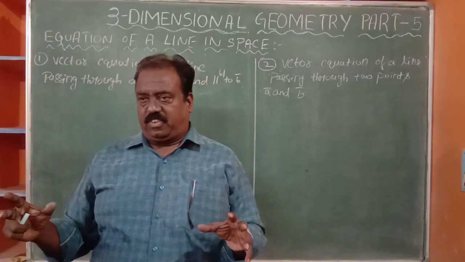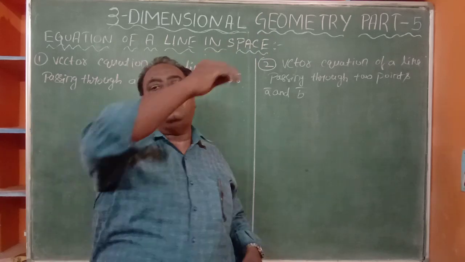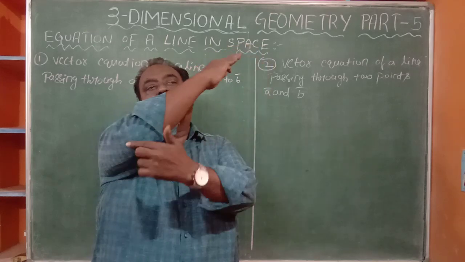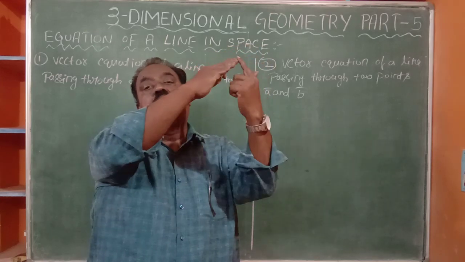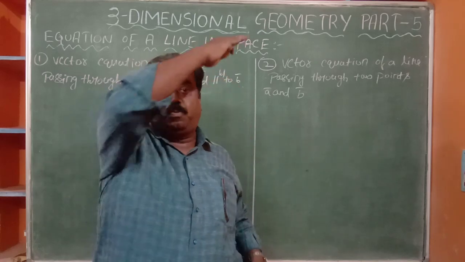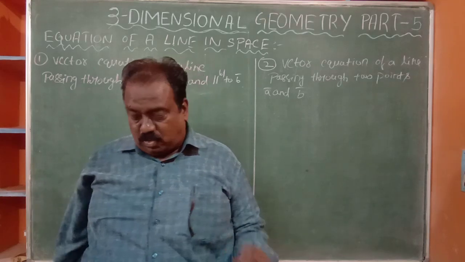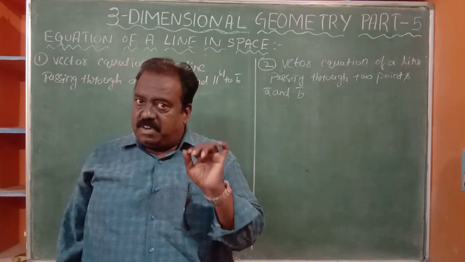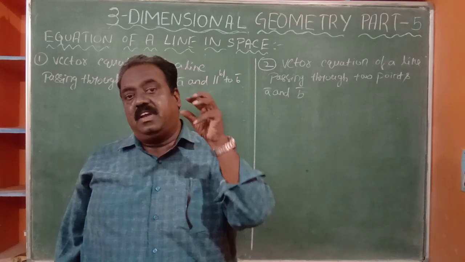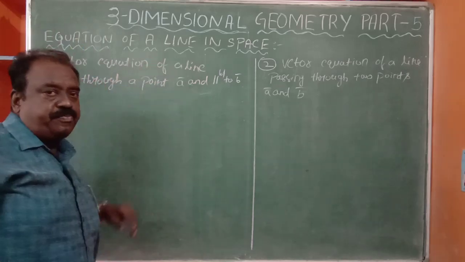Our room is a space. Suppose a line is like that. My hand, you assume, is a line segment PQ, or AB or CD, in the space. Then what is its equation? That is the question. It is not a 2-dimensional straight line, it is a 3-dimensional straight line, a line in space.